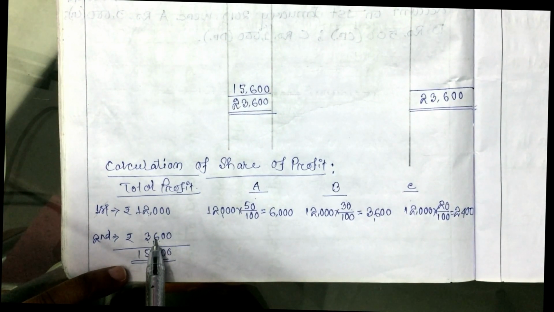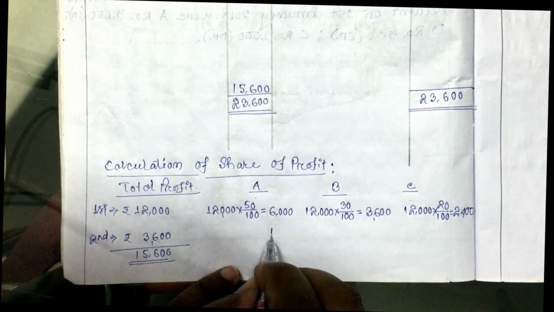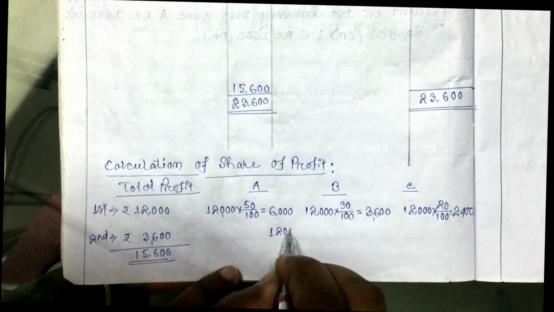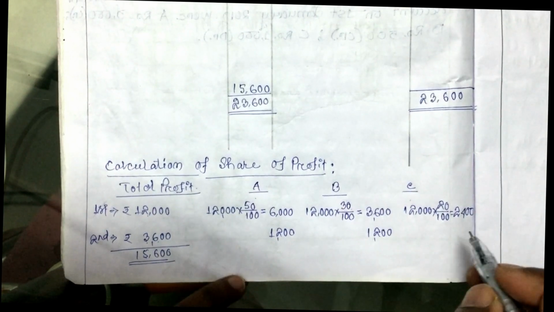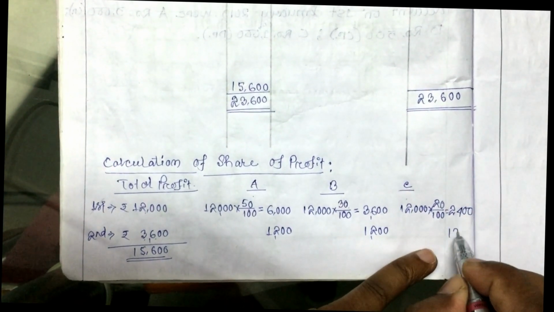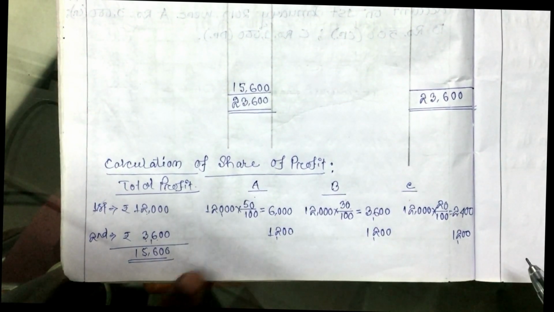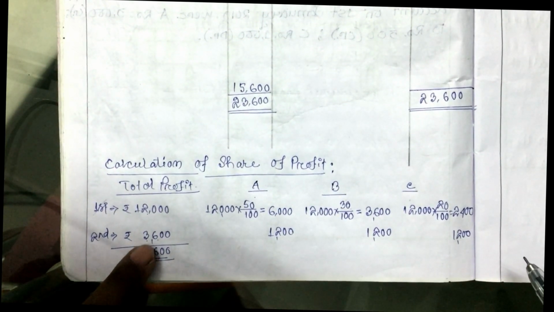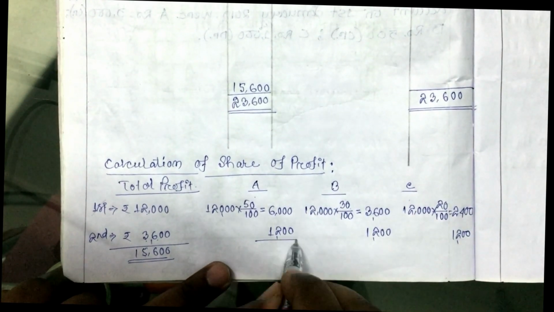It is mentioned in our question. So equal part of this will be 1,200 rupees, another 1,200 rupees for B, and rest 1,200 rupees for C. You can see the calculation over here. 1/3 of this will be 1,200 and equal means 1,200 for all.